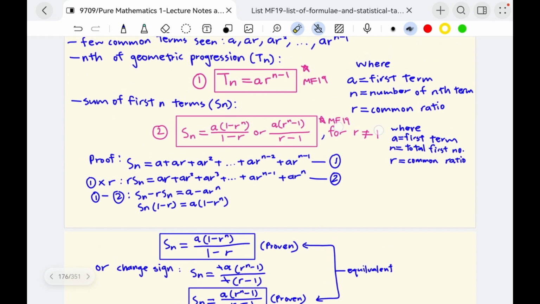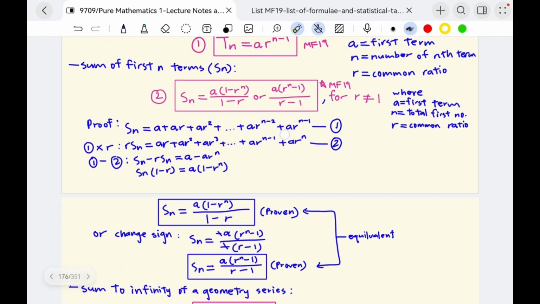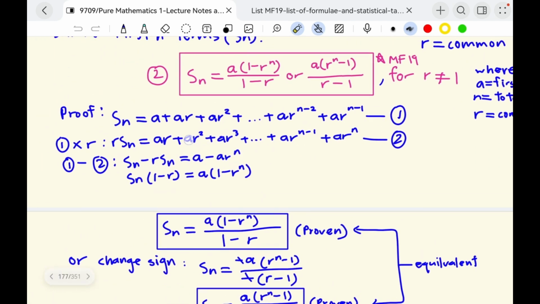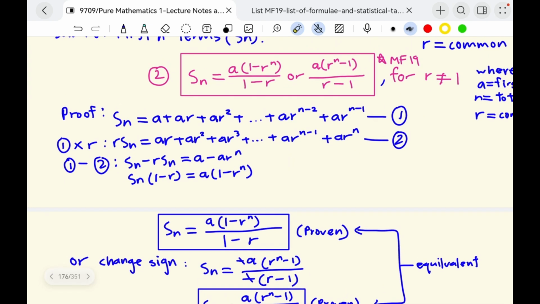But I want to get rid of the terms in the center for each equation. So just take 1 minus 2, which gives a minus ar to the power of n. As you can see, the ars can be cancelled out like this.